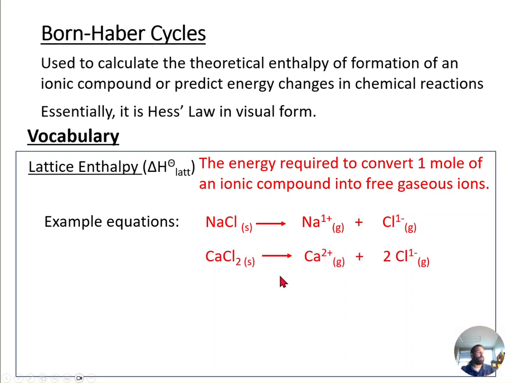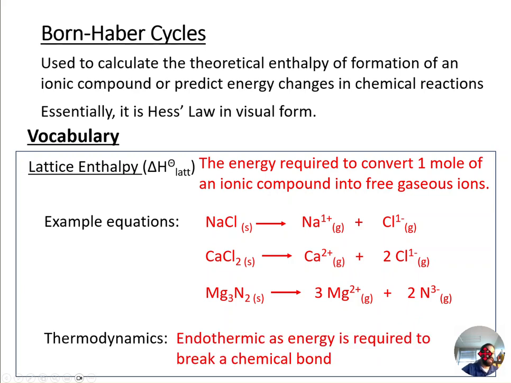If it were calcium chloride, it would be 1 mole of calcium ions and 2 moles of chloride ions in the gas phase. If it's magnesium nitride, it would be 3 moles of magnesium ions plus 2 moles of nitride ions in the gas phase. Now, the thermodynamics of this step: this is always going to be an endothermic process because it takes energy to break that ionic bond.